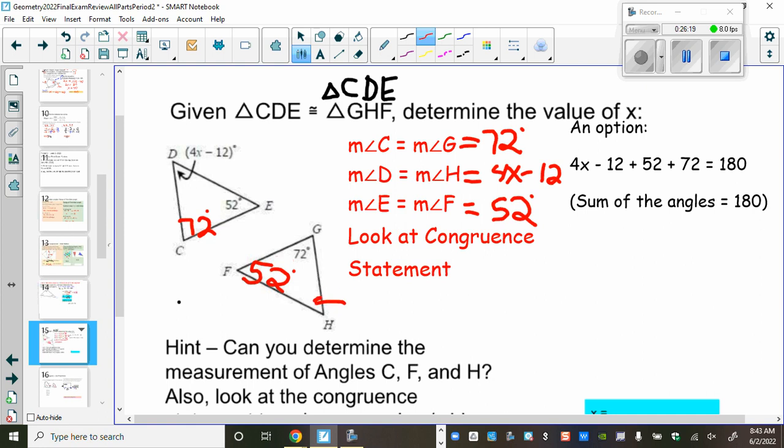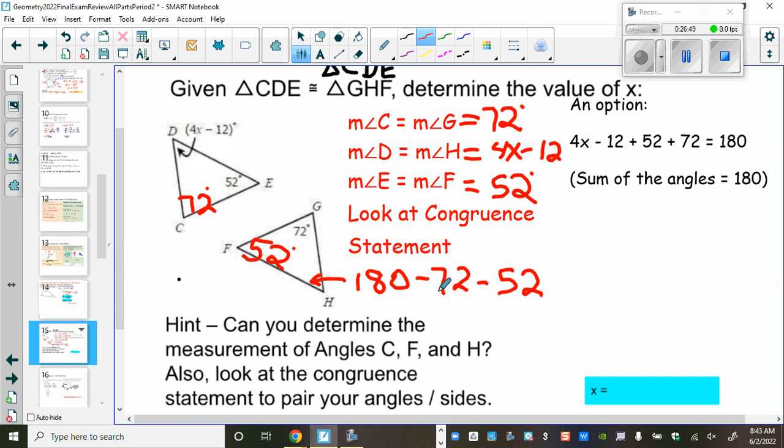And then the other way, of course, because what if you do 180 minus 72 minus 52? Is that another way to get our angle H as well? All right. So you have two ways to solve for the x. Because once you do 180 minus 72 minus 52, well, what's left? Do that subtraction real quick.